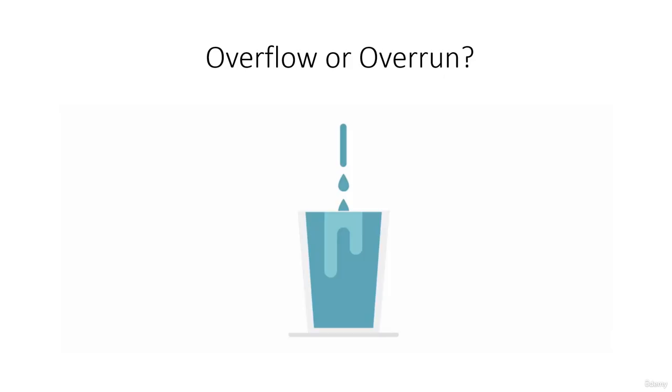So a buffer overflow occurs not because the buffer is full, but because the writing of data to the buffer has overrun the memory boundaries of the buffer. This is why buffer overrun is, I guess you'd say, the more accurate description for this condition. But the term buffer overflow has stuck in modern cybersecurity.